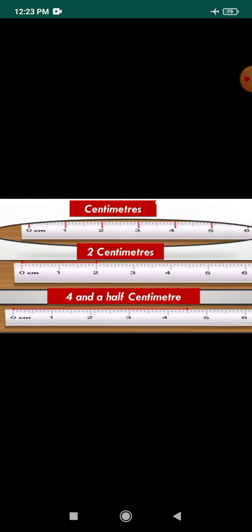The first picture shows 2 centimeter starting from 0. The next picture shows 4.5 centimeter, that means 4 centimeter plus half a centimeter. So a ruler helps us to measure the accurate length of an object. Underline this: a ruler helps to measure the accurate length of an object.